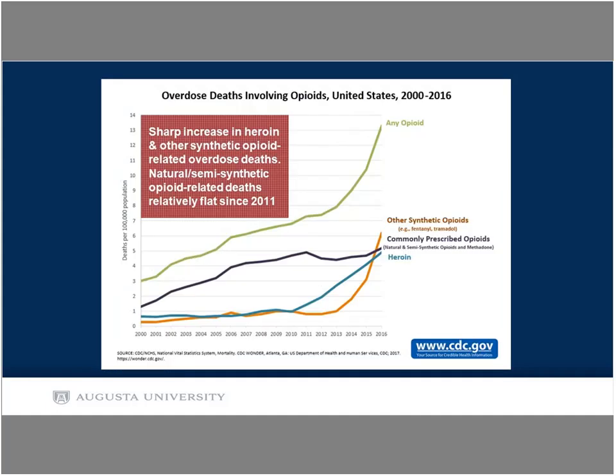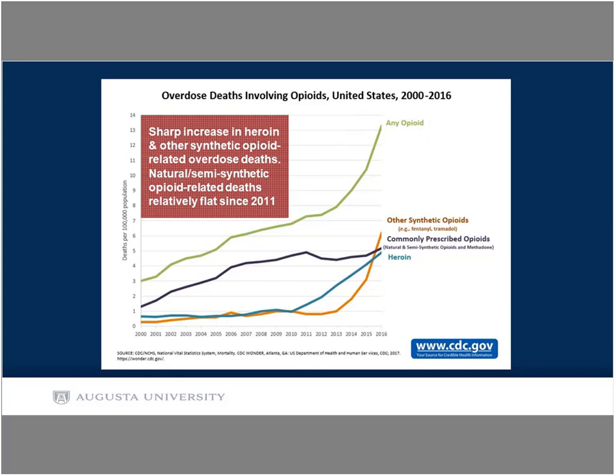So the interesting thing about this is that it has not been driven by the same substance. So what you'll see is on the top line, the green line is overdose deaths involving any opioid. This is the death per 100,000 population. And what you'll see is that those deaths were initially driven by the darker line there, which is the prescription opioids.